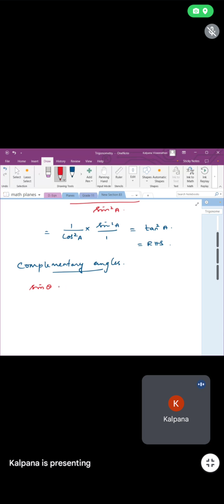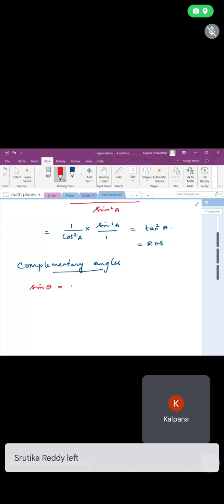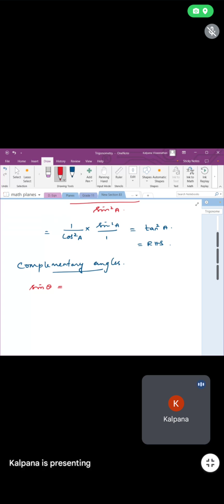Sine theta can be written as, can anybody remember the complementary form? Sine theta is cos 90 minus theta. Same way, cos theta is sine 90 minus theta. So sine and cos are complementary.